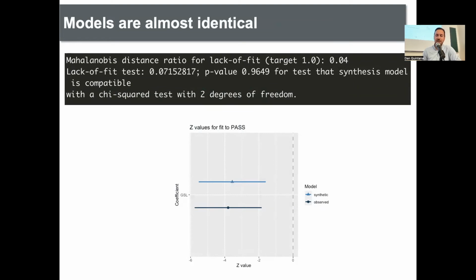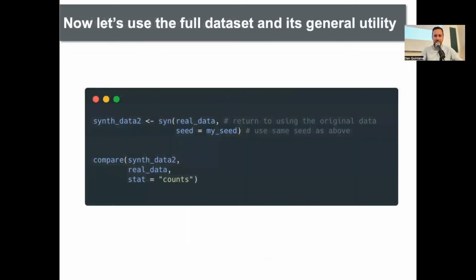We have a statistical output, but we also have a visualization. If you were sharing your data using a synthetic data set, this is something you might include in your supplement. We can say, hey, we'll share the synthetic data, and here are the statistics for how this data performs, and that this data is almost identical. So you can run the same sort of analysis and get similar outcomes between these two models.